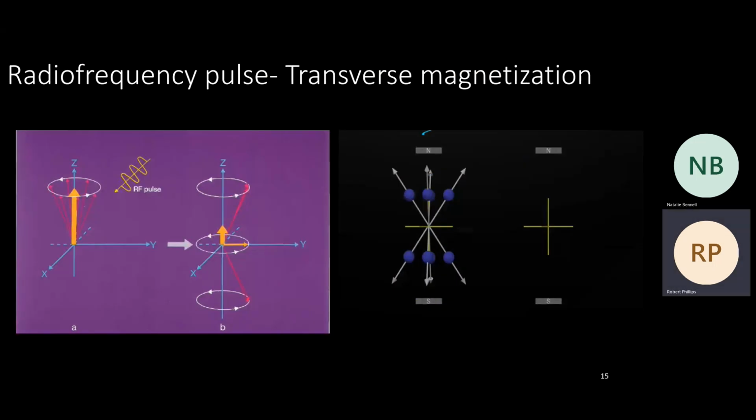Similarly, with the external radio wave Larmor frequency, it's chaotic, it's not synchronized, but if we apply that frequency, it becomes synchronized, and the transverse magnetization starts to rise.